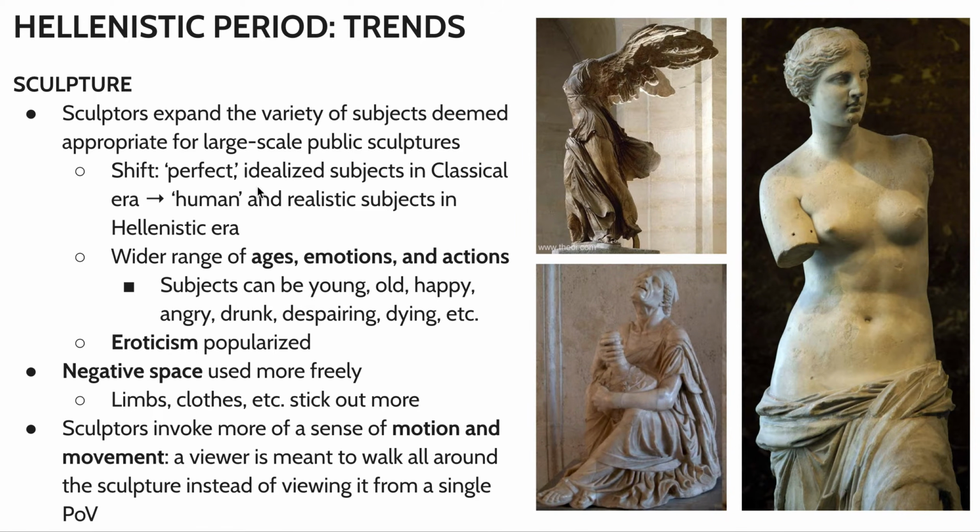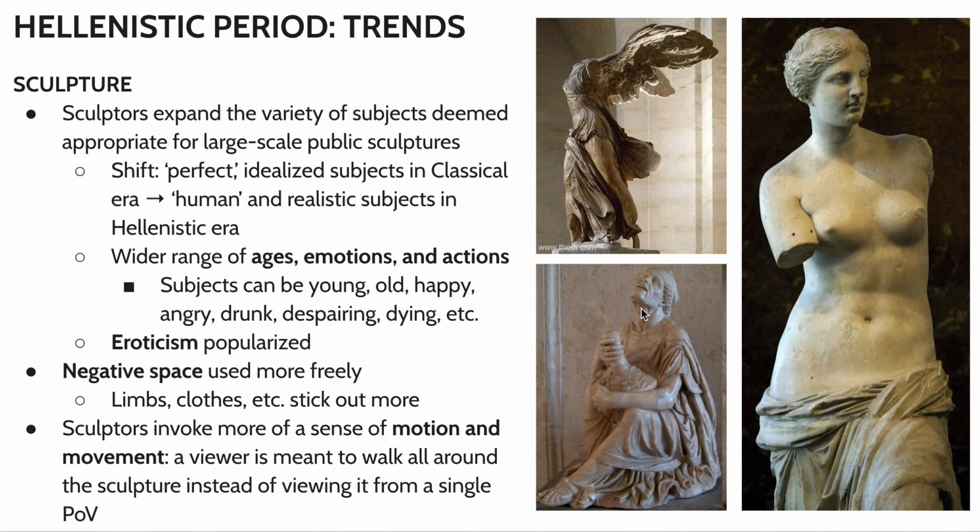Moving on to the Hellenistic period. We're going to be starting with sculpture. One of the biggest things that you're noticing in Hellenistic period sculpture is this expansion in terms of the kinds of emotions and expressions that you're seeing on figures. That doesn't mean that every figure is going to have a very emotive facial expression, but you're definitely going to be seeing figures that are anguished.